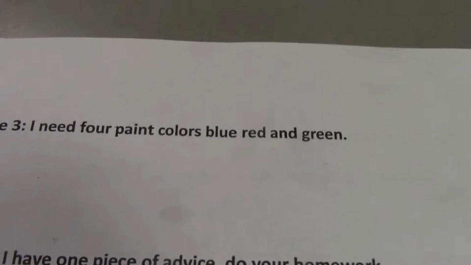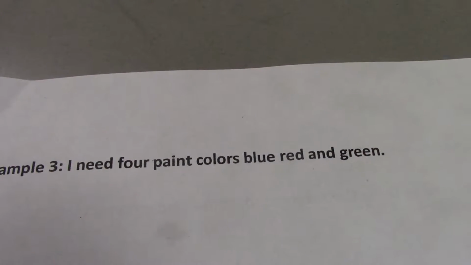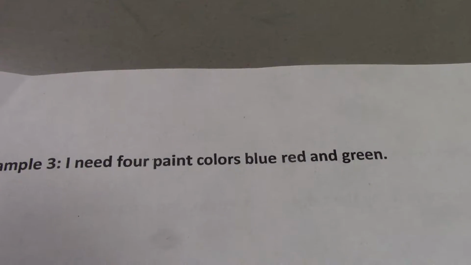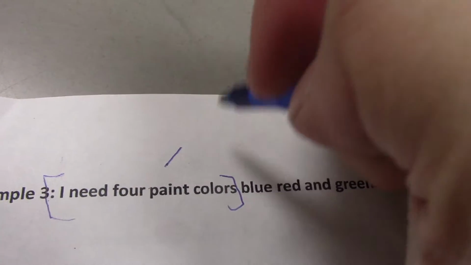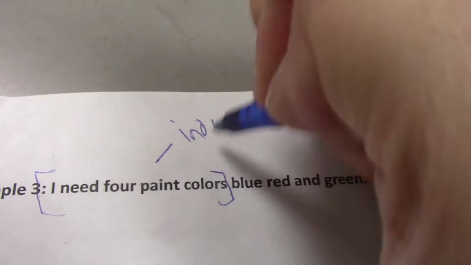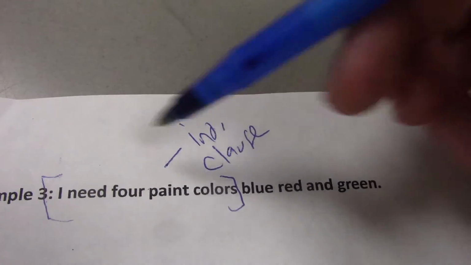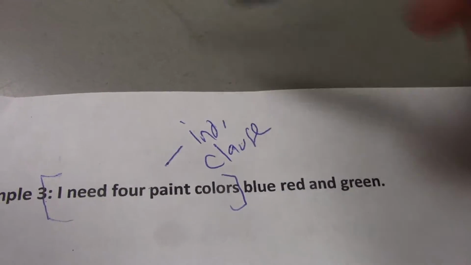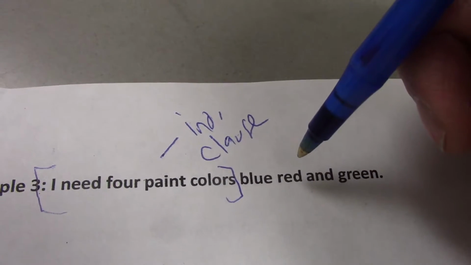Now let's look at examples with colons. This is an example where you would need a colon. I need 4 paint colors: blue, red, and green. You would use a colon here because you have an independent clause. You would only use a colon if, first of all, you had an independent clause preceding it. Here you have a list of colors following the colon.